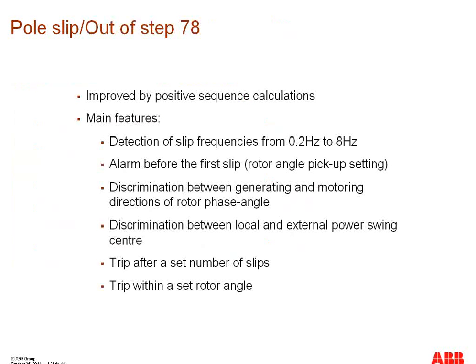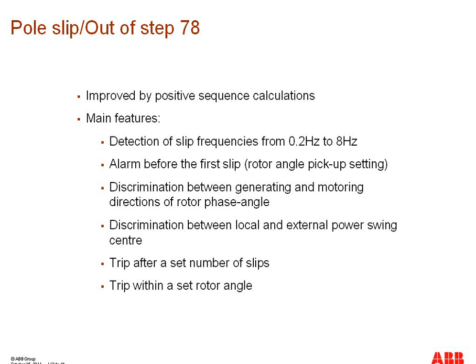What should be the main features of this pole slip or out-of-step protection? It should detect slip frequencies from 0.2 Hertz to 8 Hertz, and it should alarm before the first slip. It should discriminate between the generating as well as the motoring direction of the rotor phase angle.